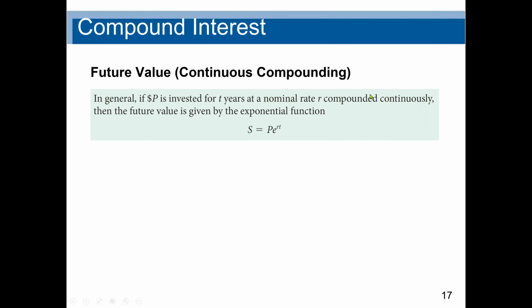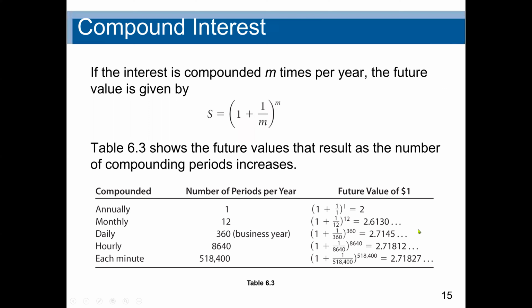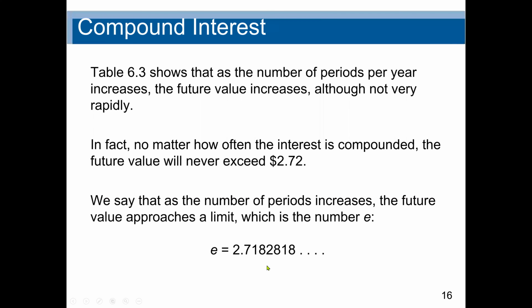But now the last option is compounded continuously. Remember the exponential here, the example we were given, if it's compounded even each minute, each second, hardly before it will reach 2.72, it will end up at the exponential value, which is 2.71828, even if it's every second.